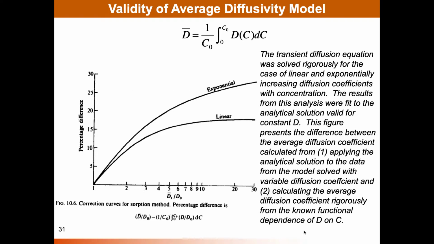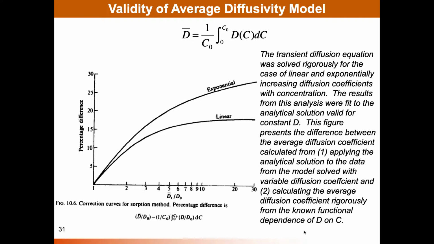And so this is showing the difference between the average diffusion coefficient that you would calculate from solving the transient diffusion equation rigorously versus the approximation that is shown here when the diffusion coefficient varies linearly or exponentially with concentration, and where the absolute magnitude of change in the diffusion coefficient is a factor of 2, factor of 10, factor of 20, and factor of 30.